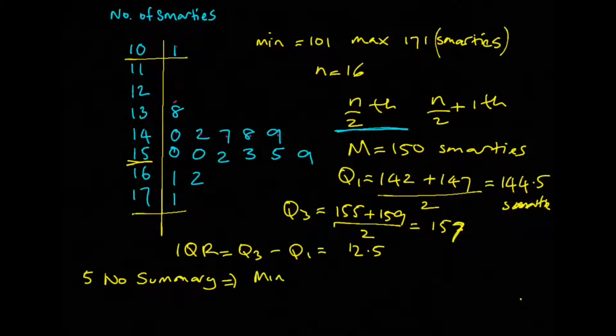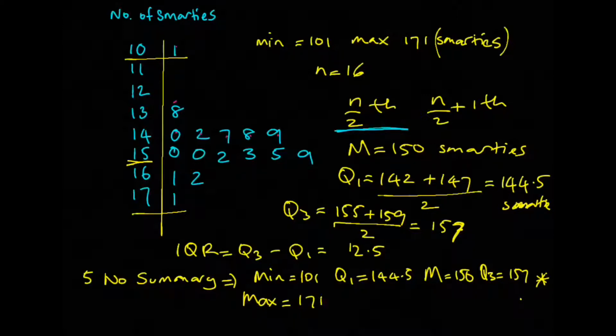Min equals 101, Q1 equals 144.5, M equals 150, Q3 equals 157, and I don't have any room, but here I would put max equals 171. So in that order, and then we just say Smarties and put it in brackets.